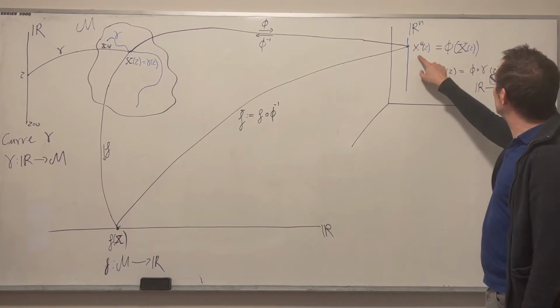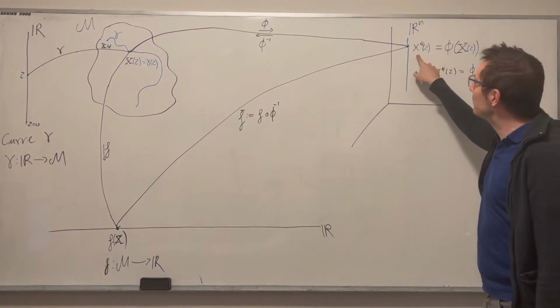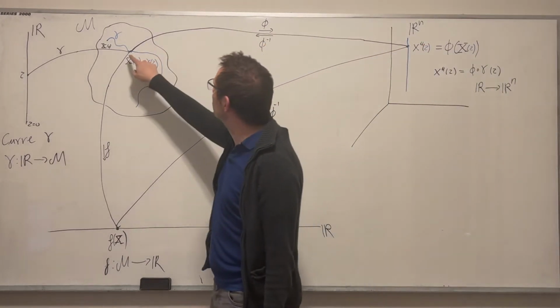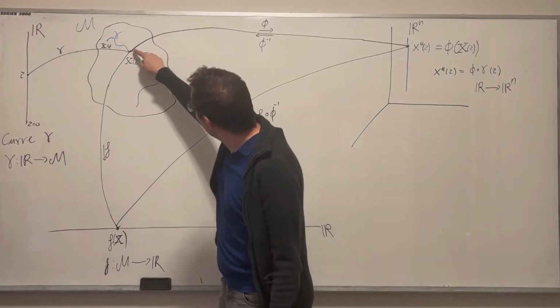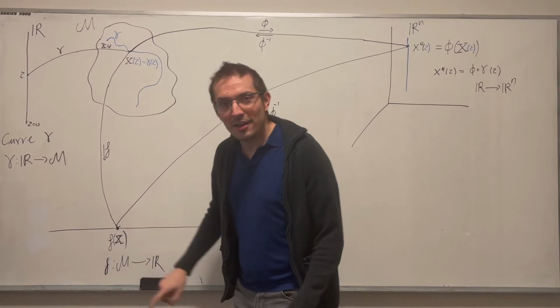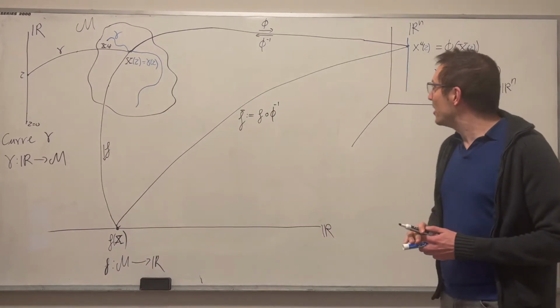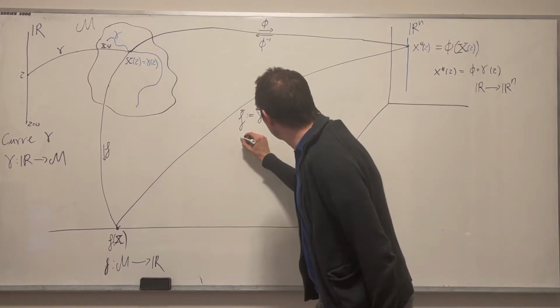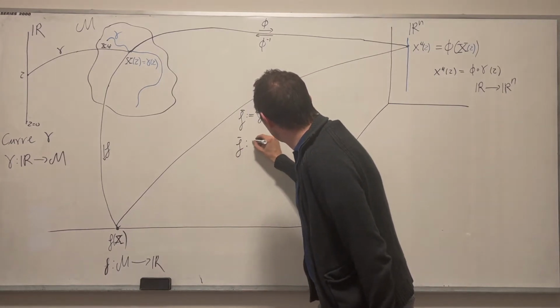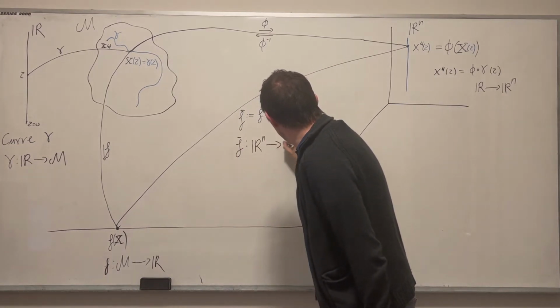So I start from x mu here, and from that x mu go to a point of the manifold. And then I apply f. Through that point of the manifold, I get mapped to R. So this new function, f bar, maps Rn to R.